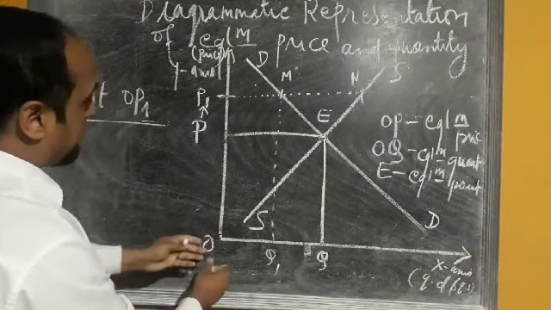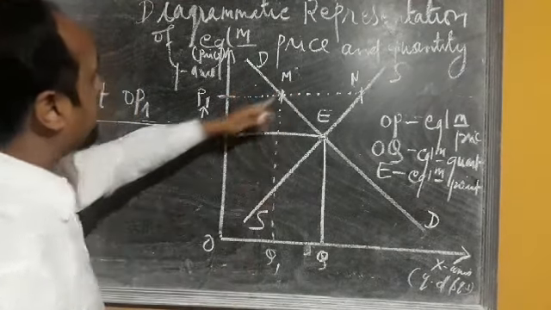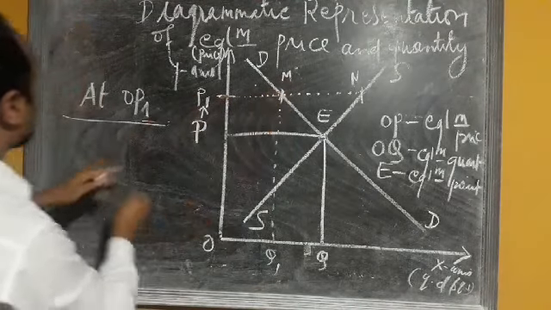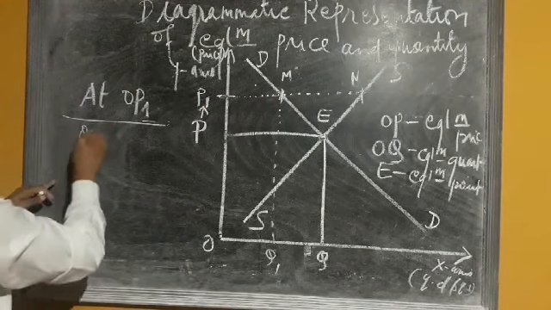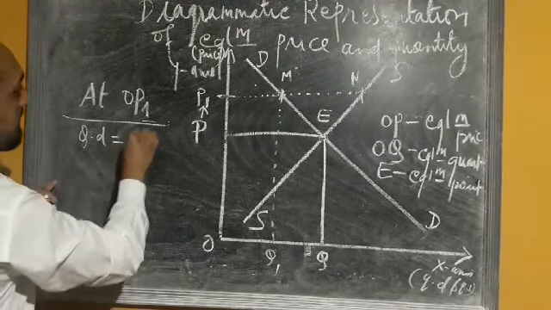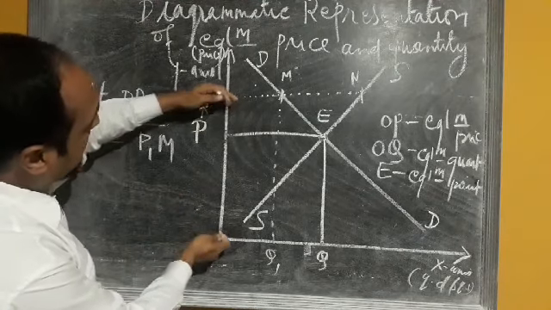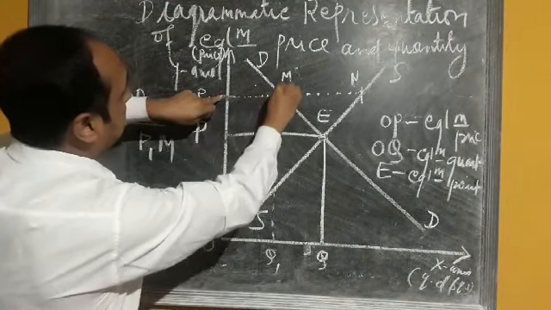Here, this price line is intersecting the demand curve at point M. So the quantity demand, QD, is equal to P1M. Once again, at price OP1, this line is intersecting the demand curve at this point.